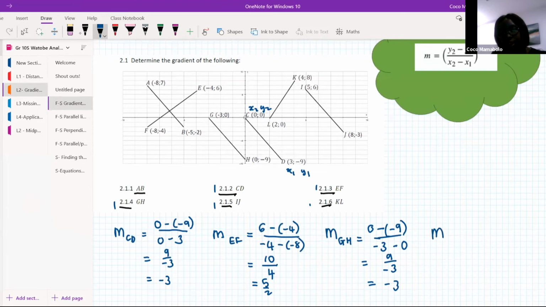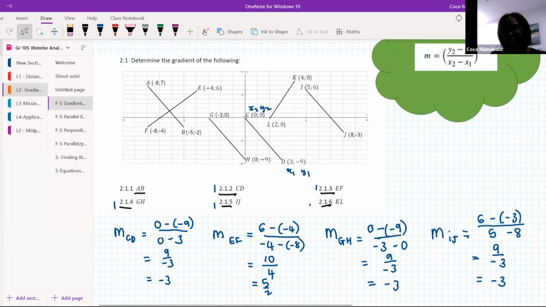The gradient of IJ is 6 minus -3 over 5 minus 8, which is equal to 9 over -3. I feel like all these answers are -3, guys. Is it just me? The gradient of the last one, which is KL, is 2.6.